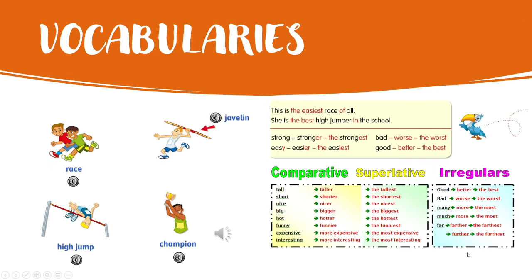So these are the irregular adjectives, and these are the comparative and superlative adjectives. One way to remember this is to memorize the adjectives. You can memorize like this: tall, taller, tallest; short, shorter, shortest; good, better, best; bad, worse, worst. You can keep repeating this until you remember the comparative and superlative adjectives.